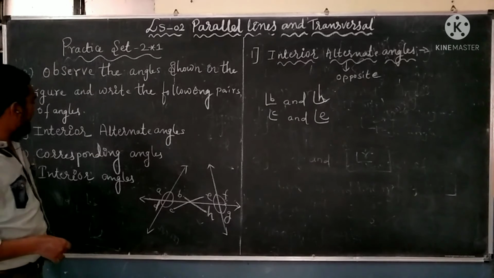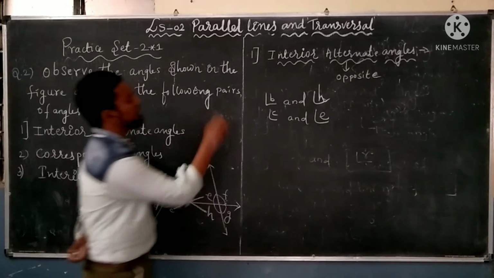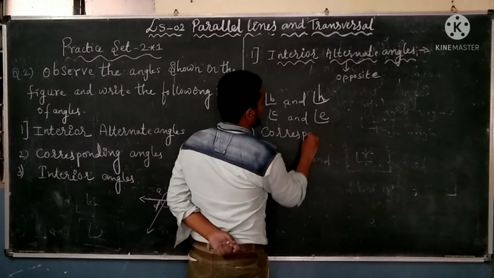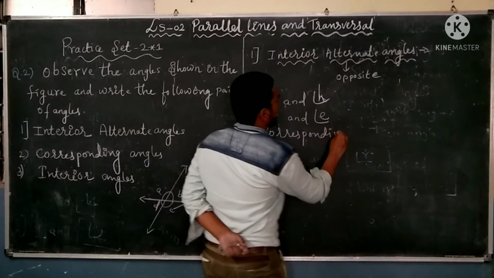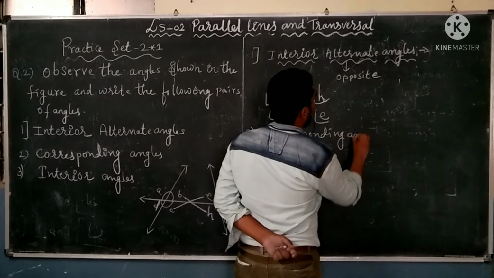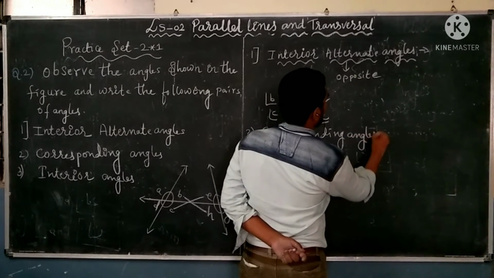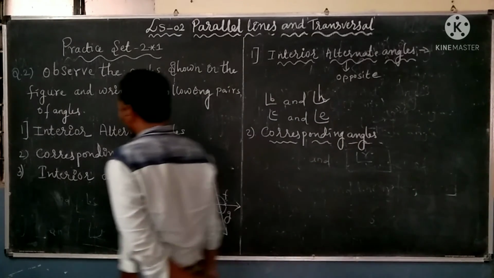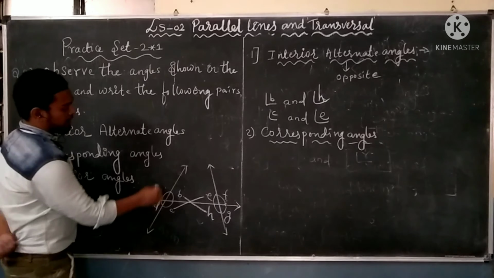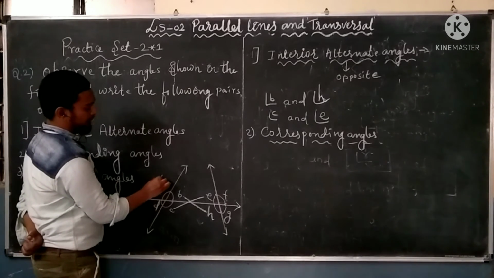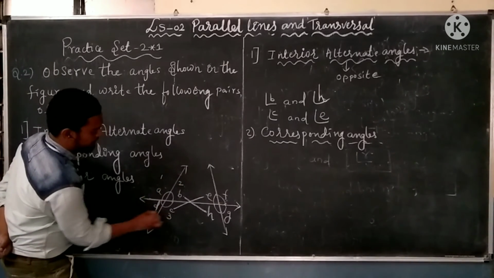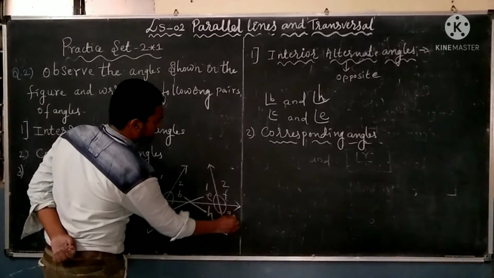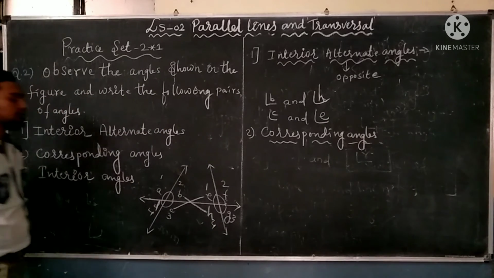Next, corresponding angles. The second one is corresponding angles. First of all, we put number 1, number 2, number 3 and number 4 here. Here also number 1, 2, 3 and 4.